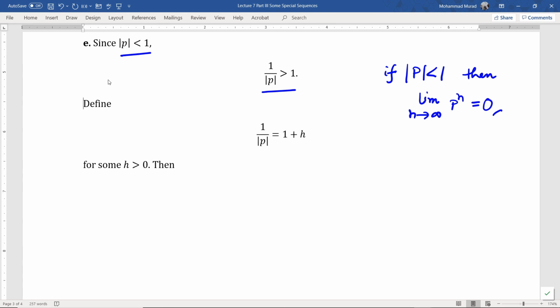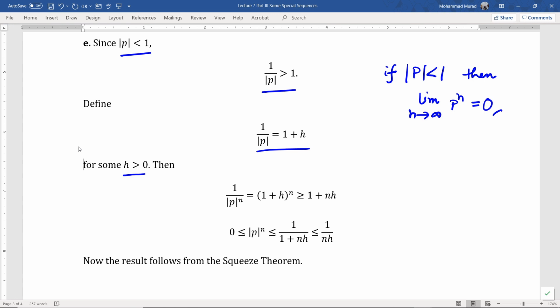So we define 1 over the absolute value of p equals 1 plus h for some positive h. Then 1 over the absolute value of p to the n equals 1 plus h to the n, which is, by Bernoulli inequality, greater than or equal to the quantity 1 plus nh.